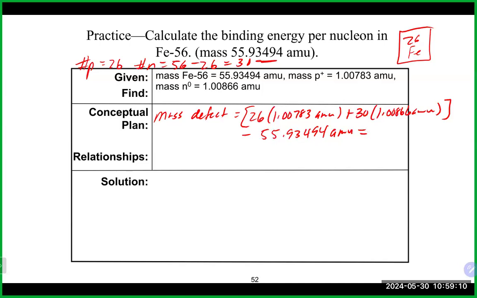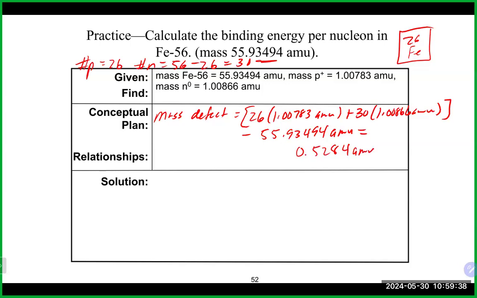Let me get my calculator to work. There we go. 26 times 1.00783 plus 30 times 1.00866 minus 55.93494.